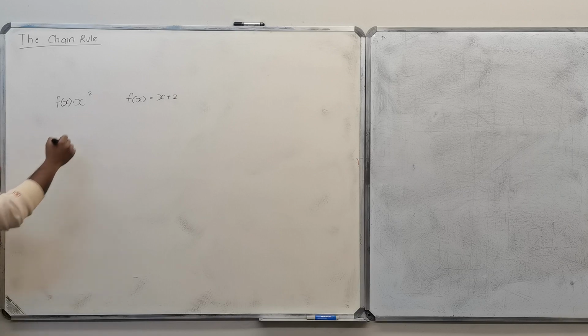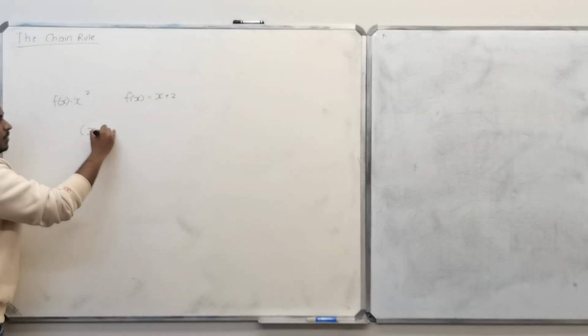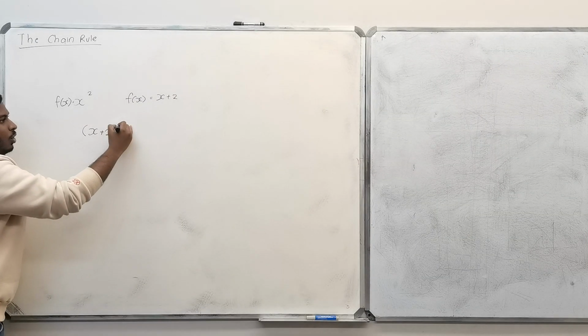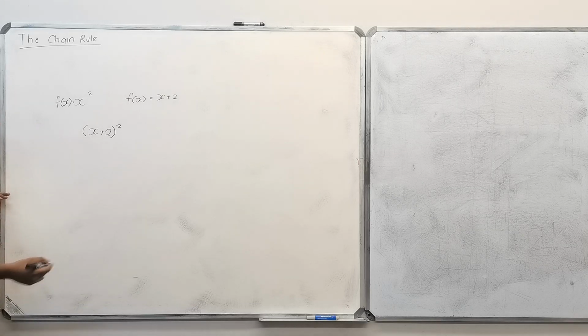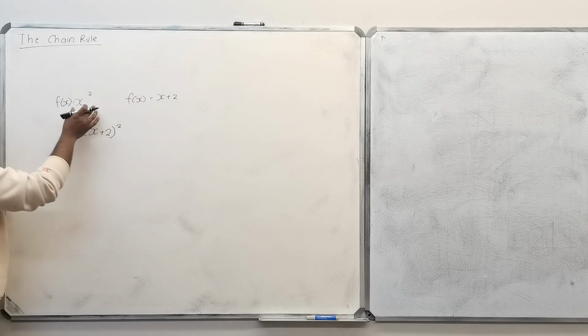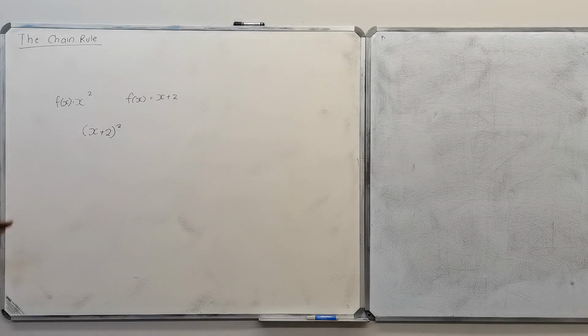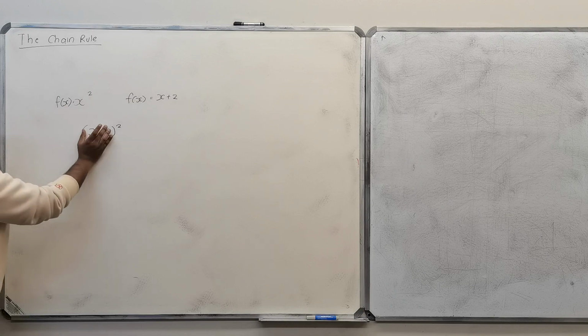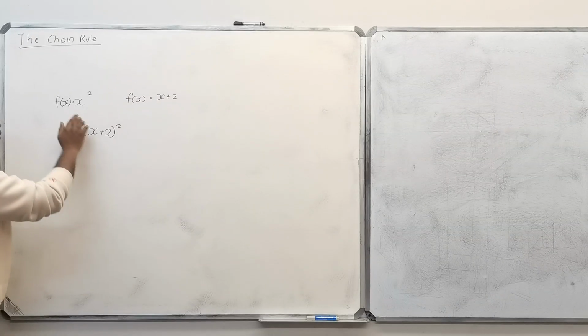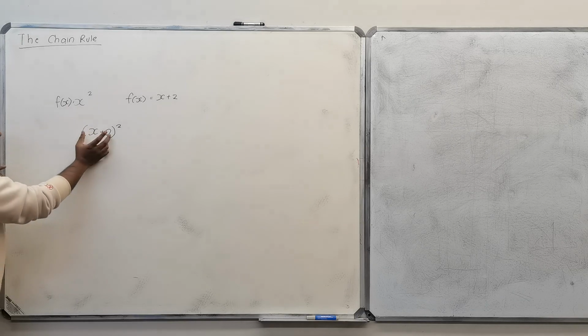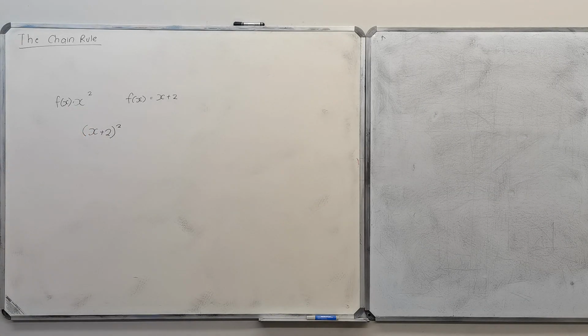Now what happens if you have x plus 2 all squared? Get what I'm saying, right? It's a function of a function, because this outside portion squared is one function. That inside portion is another function.